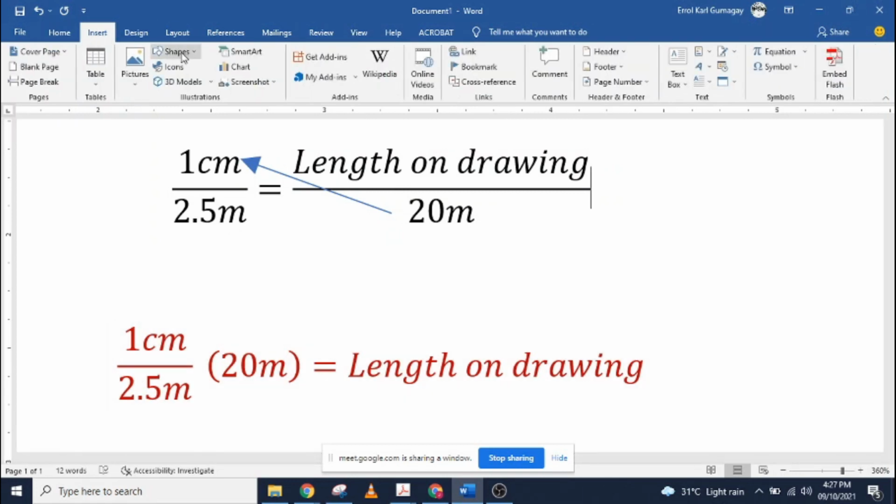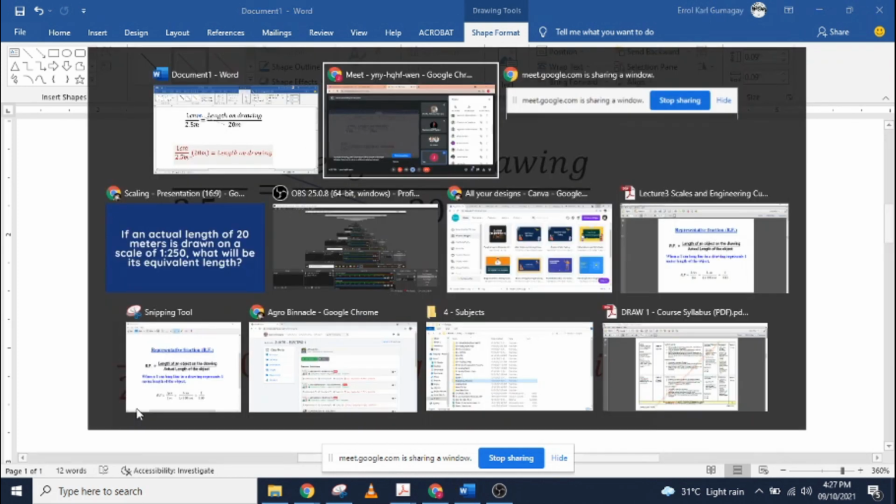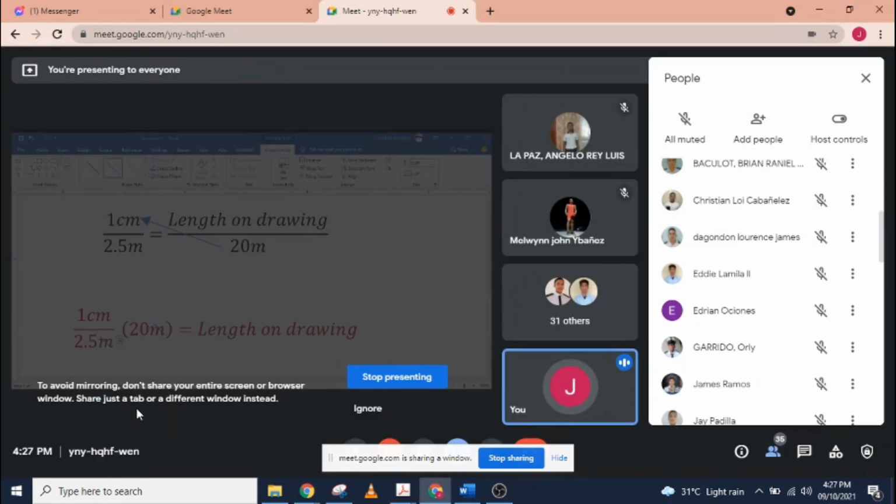So what will happen is that itong meters dito, this will cancel out. So, maiwan yung centimeters. Okay, no? Mangyayari 1 times 20 divided by 2.5. So, what will be the answer for this one?